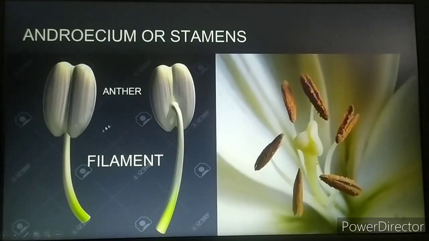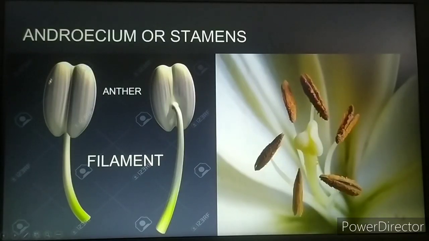Now, as you can see here, each stamen has two parts: a thin, long, thread-like structure that is called the filament, and a bilobed structure. Bilobed structure means a structure consisting of two lobes, or you can say two parts.